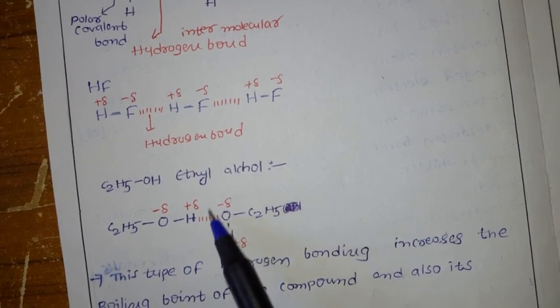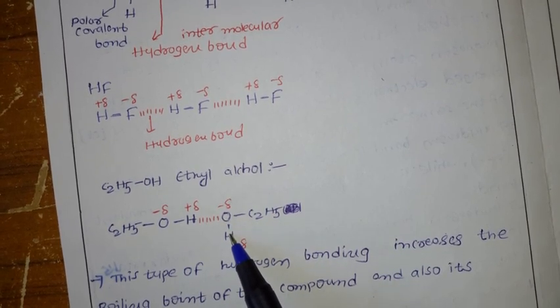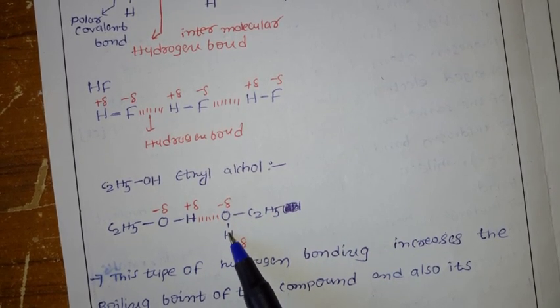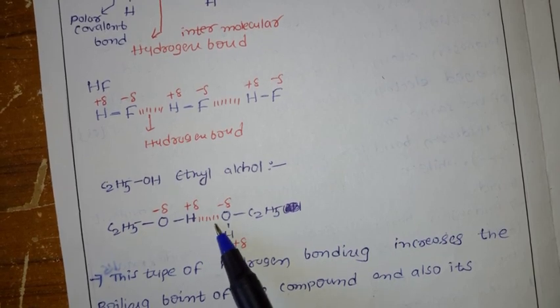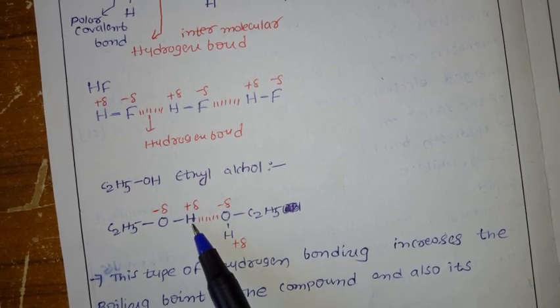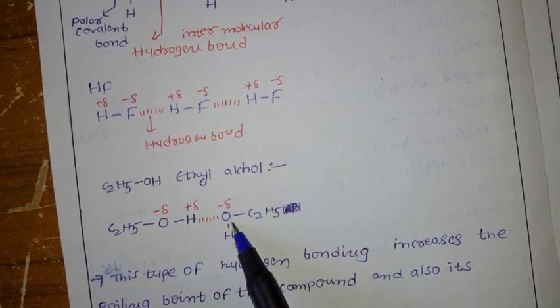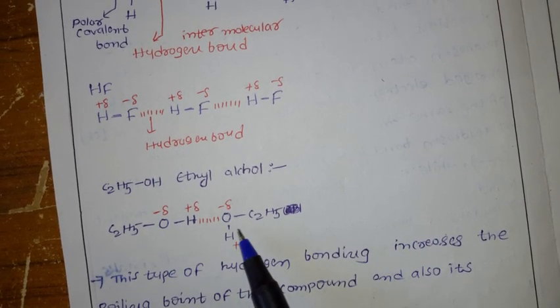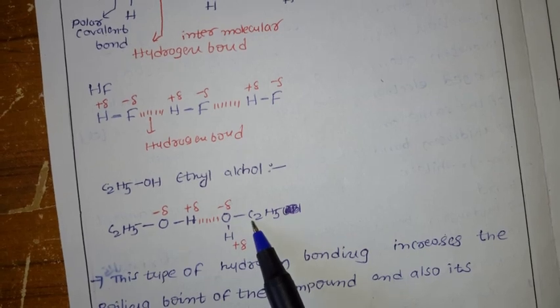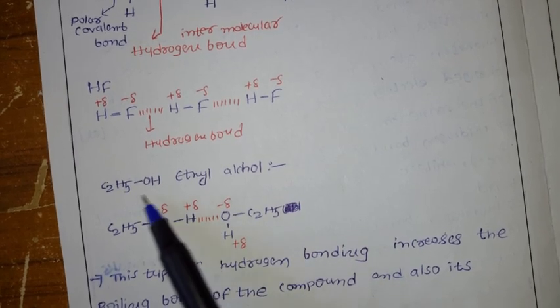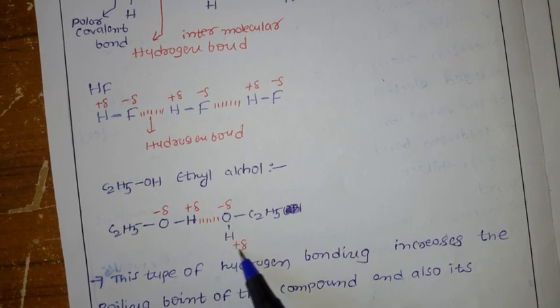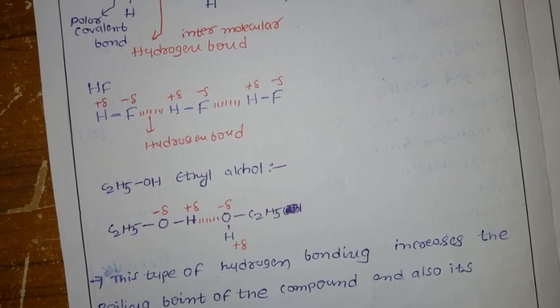Also here, between these two atoms we have a polar covalent bond. So you develop a hydrogen bond between H plus of one molecule and O minus of another molecule. So here also this is an example of intermolecular hydrogen bond, because we are talking about the hydrogen bond between two molecules.